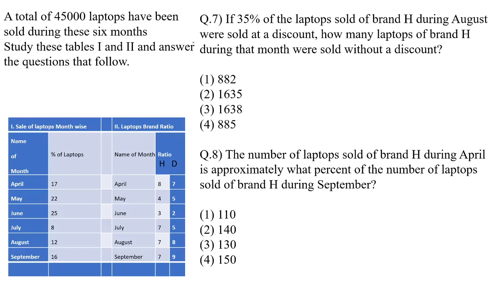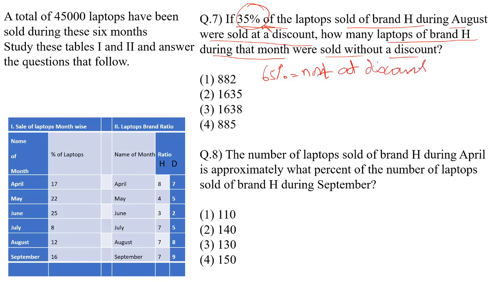Question number 7 says, if 35% of the laptops sold of brand H during August were sold at discount, how many laptops of brand H during that month were sold without discount? So see, 35% were sold at discount, so you can say 65% not at discount, correct? This is the only thing you should remember here.